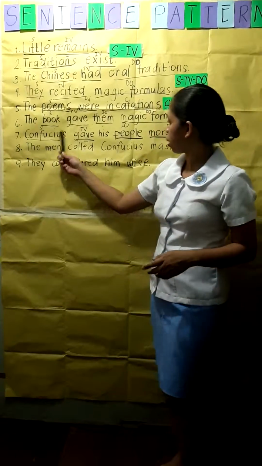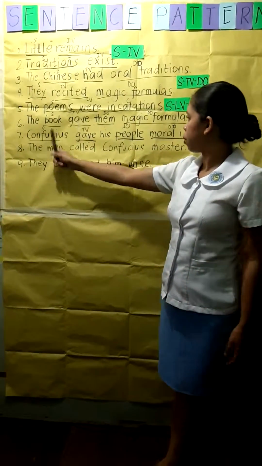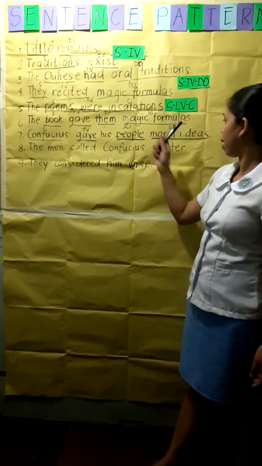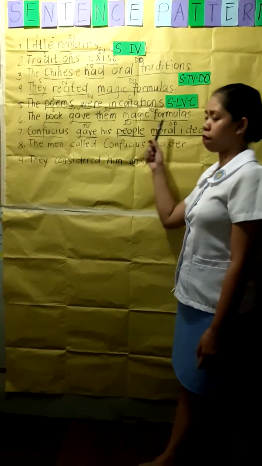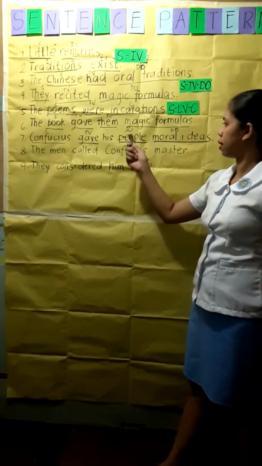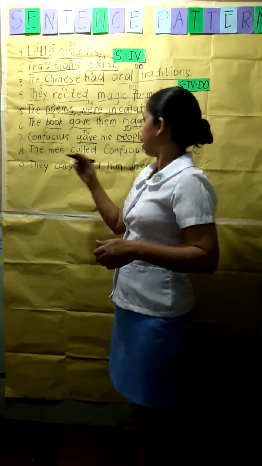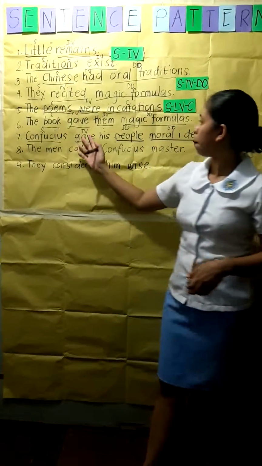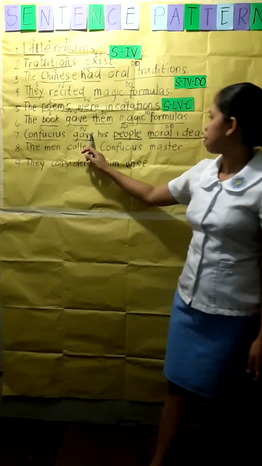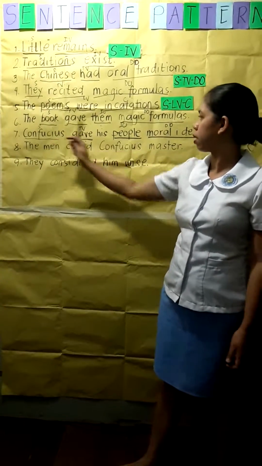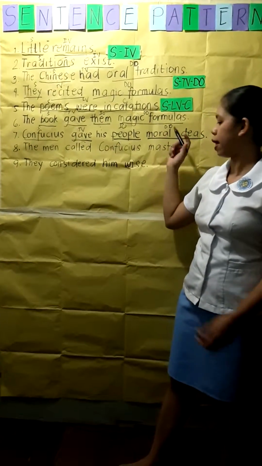So if we try to analyze it, Confucius gave moral ideas, but to whom did he give those moral ideas? So people here answers that question. So the prevalent pattern for this is STVIODO, subject, transitive verb, indirect object, and direct object.